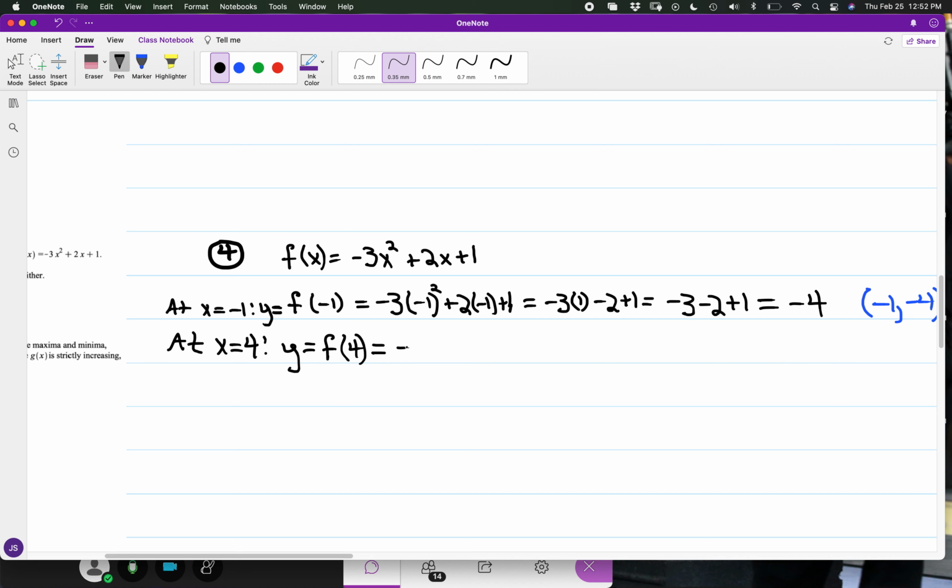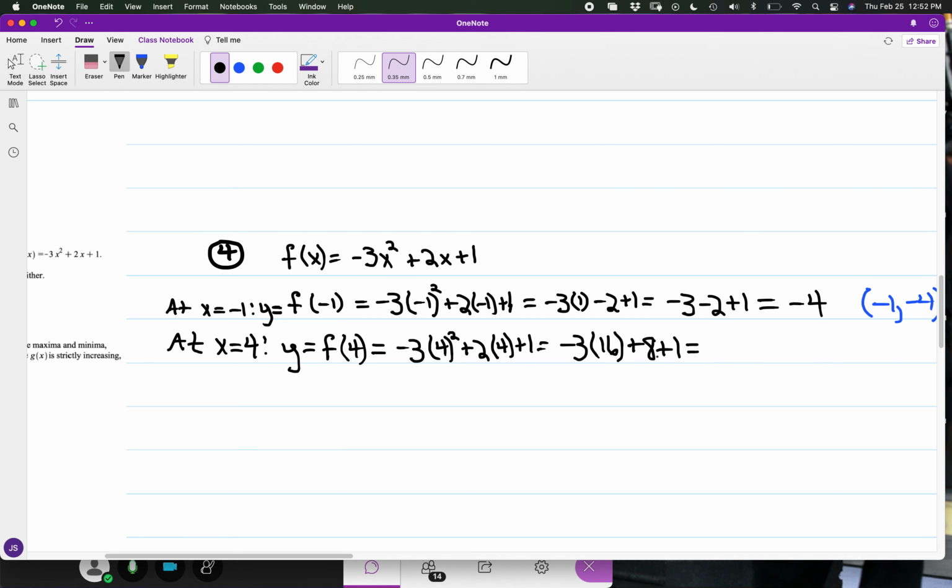So we have -3 times the square of 4 plus 2 times 4 plus 1. Now 4 squared is 16, and we're going to multiply that by -3. Now 2 times 4 is 8, and we have plus 1.